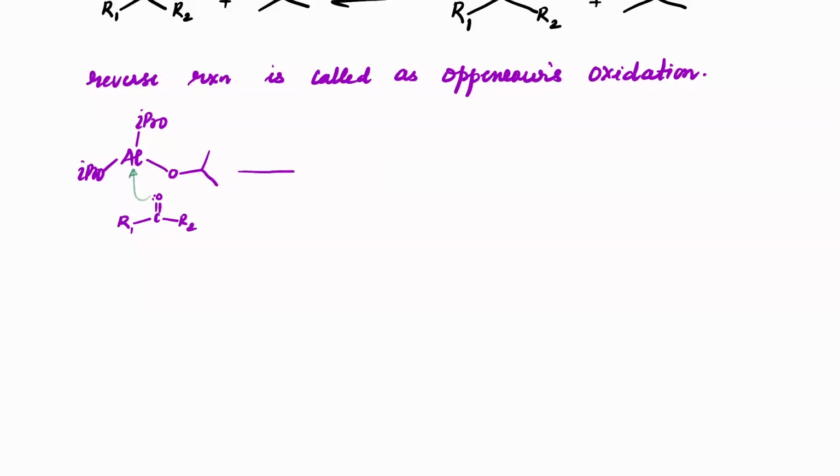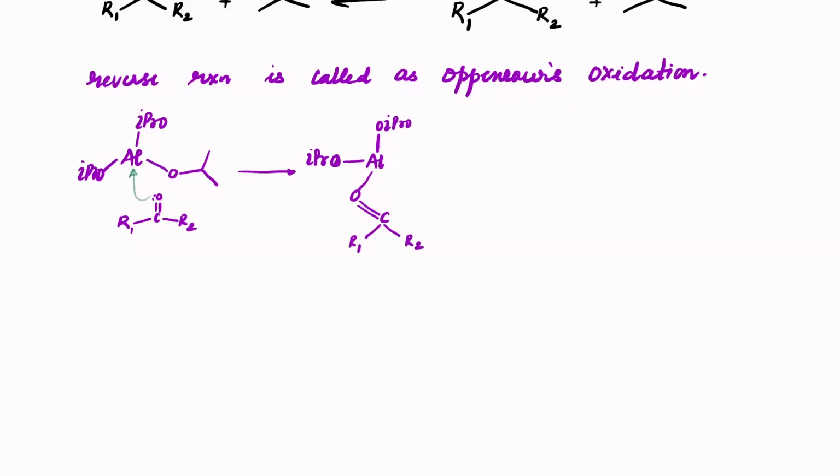And as it attacks, you will notice we will get aluminium with isopropoxy. Here also we have isopropoxy. And here we have oxygen and carbon, which has a double bond here with R1 and R2 groups, correct?